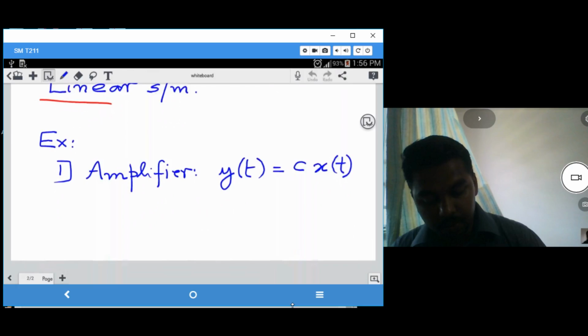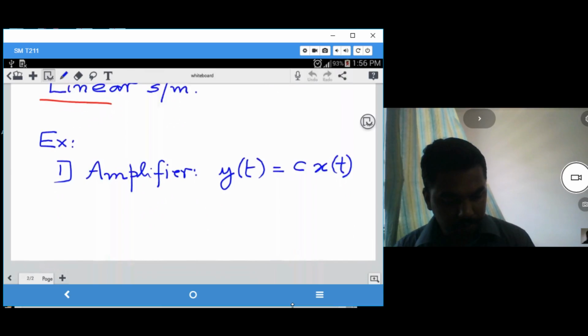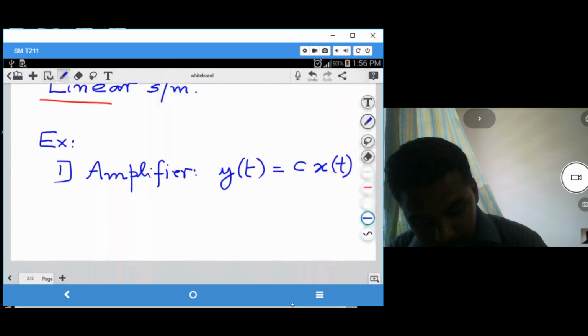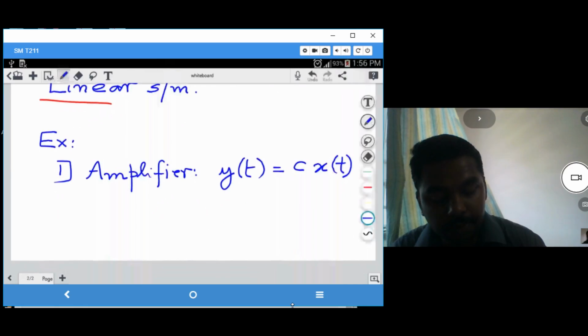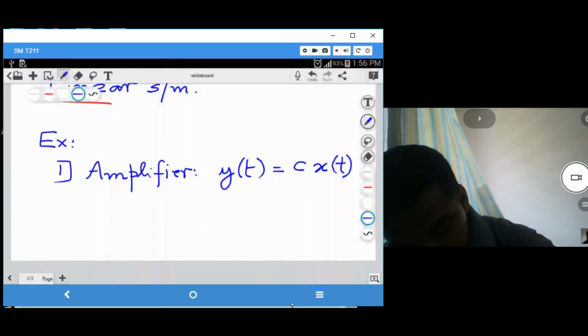Now, we have to check if the system satisfies the linearity definition. The definition of linearity can be represented in the form of the block diagram itself. So let us take the block diagram once again and explain the definition.